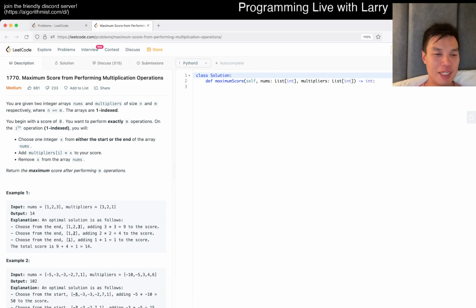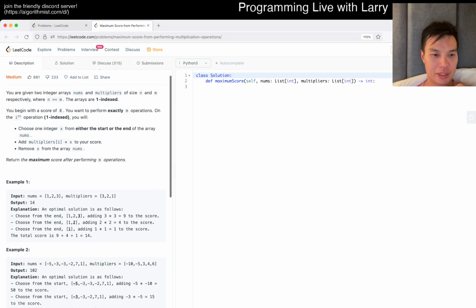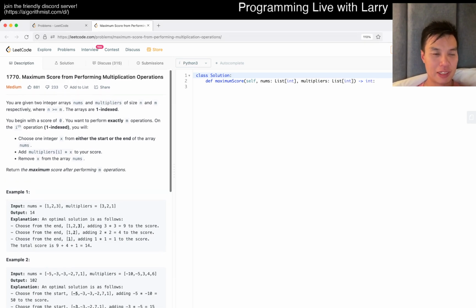Okay, today's farm is 1770. Maximum score from performing multiplication operations. So you're given nums and multipliers and you want to perform exactly m operations. The sizes don't match, and there's m of them, and we want to perform m of them.